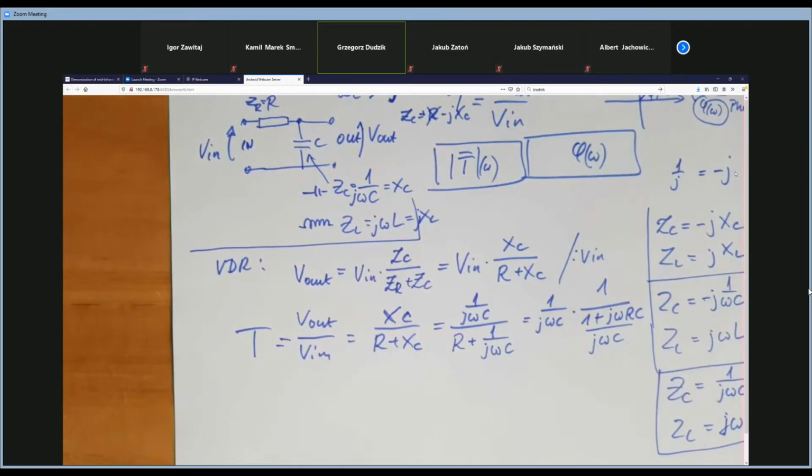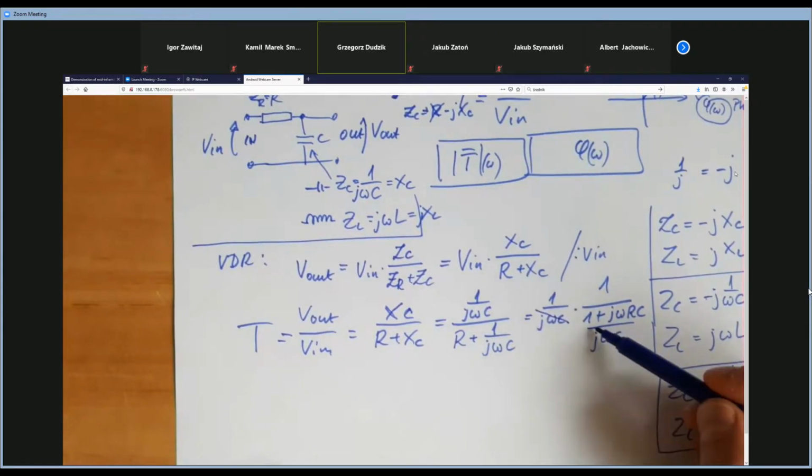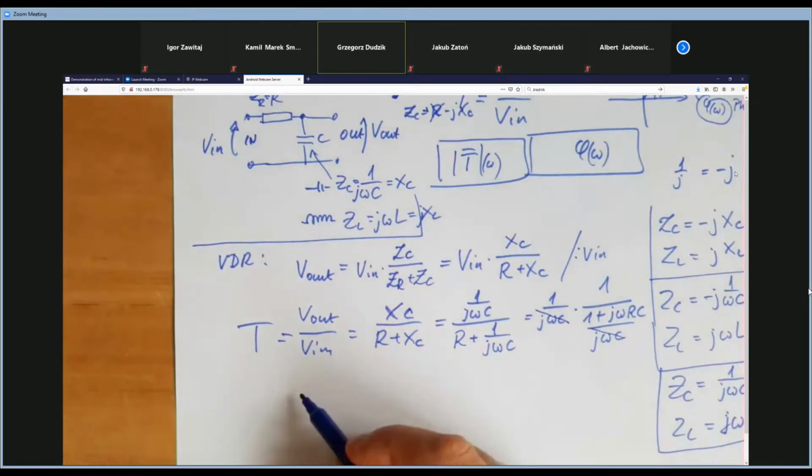You've got it? Great. So as you see, j omega C can be reduced with this, and we've got 1 over 1 plus j omega RC.